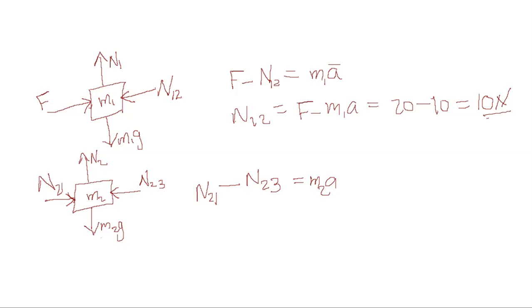So we need to find N23, which can be written as N21 minus M2A. We know that M2 is 3 kilogram and A is 2, so that is 10 minus 6. We will get 4 Newton.